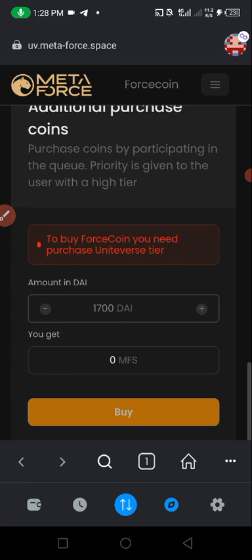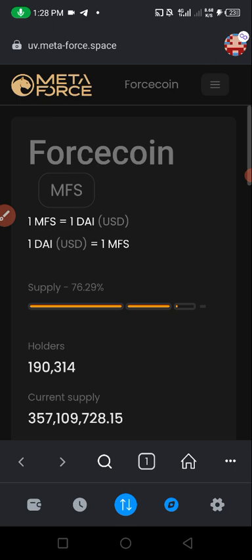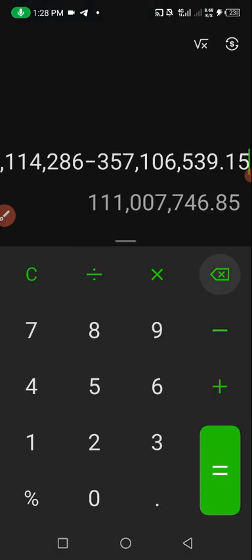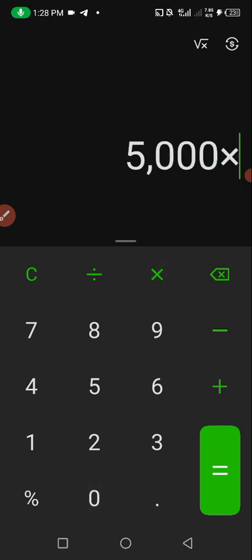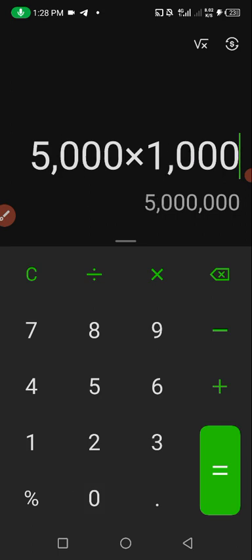I would advise you purchase a lot of ForceCoin. Just keep purchasing. Imagine you have 5,000 ForceCoin, for example, and ForceCoin hits $100. That is $500,000. ForceCoin hits $1,000, that's $5 million.